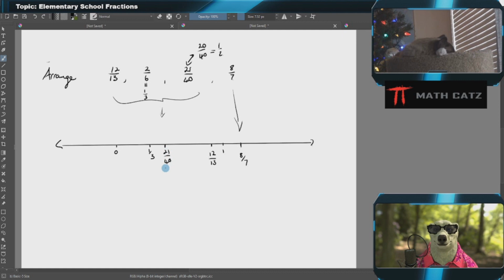Now it does depend. If I just take a random list of fractions, some of them could be very close, and I might not be 100% sure of this sorting.